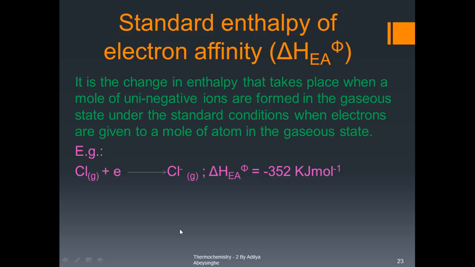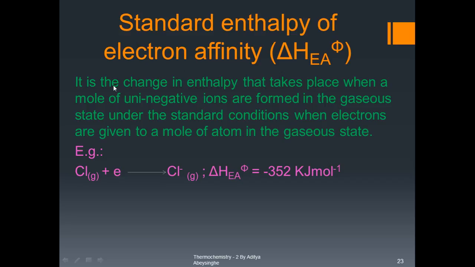Electron affinity is normally defined for non-metals or elements in groups 5, 6, 7 in the periodic table. For example, if you take chlorine, you do not remove an electron, you provide an electron to chlorine, and that forms the chloride ion with the electron configuration of argon.